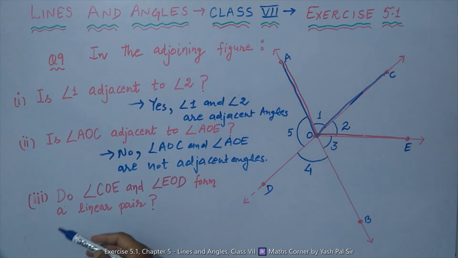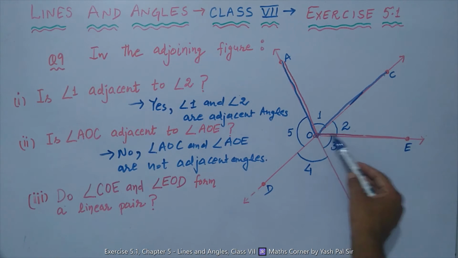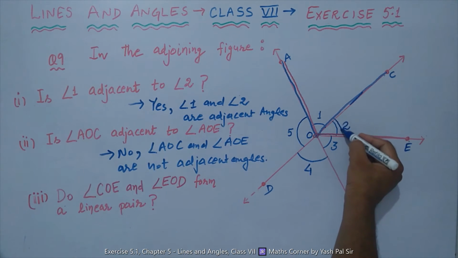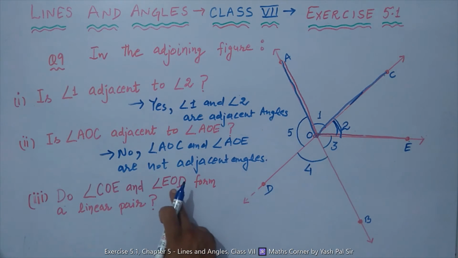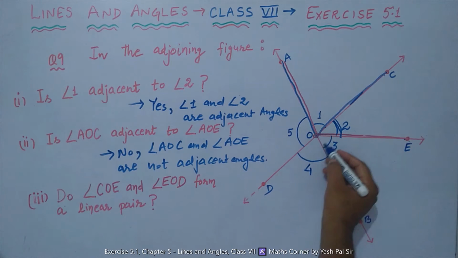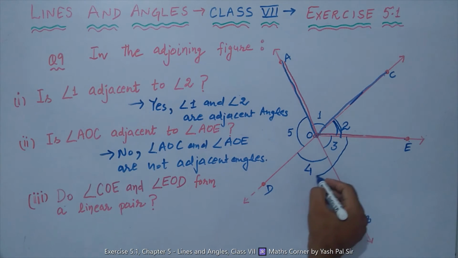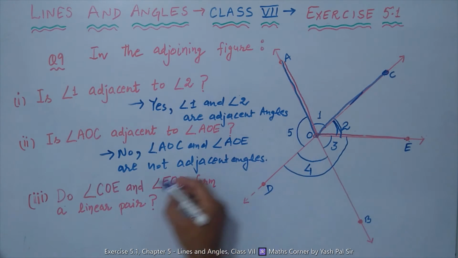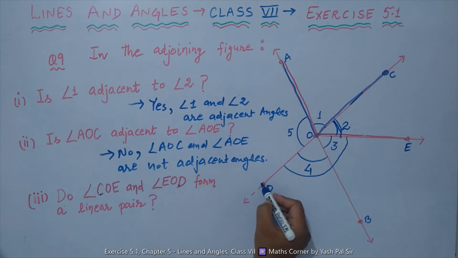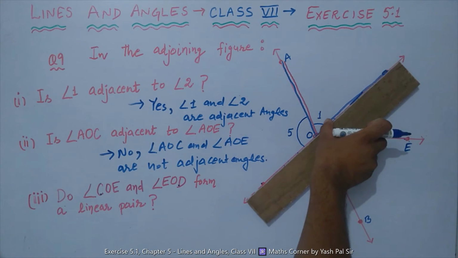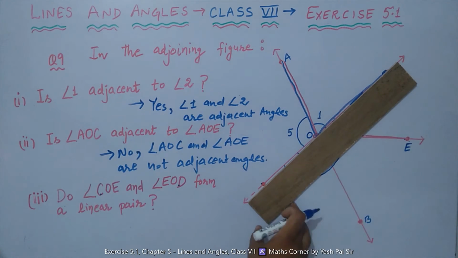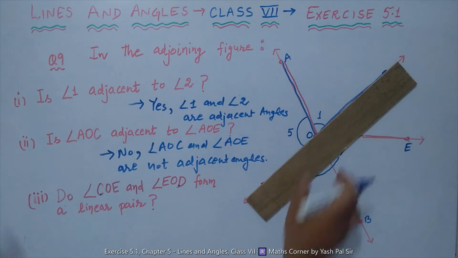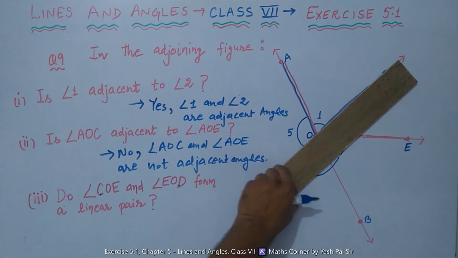Now our third part is: do angle COE, this angle, angle 2, and angle EOD, now starting from EOD, from here to here, form a linear pair? They form a linear pair if, starting from C and ending with D, they are on the same line. Yes, they are on the same line, right? We can erase the next part.